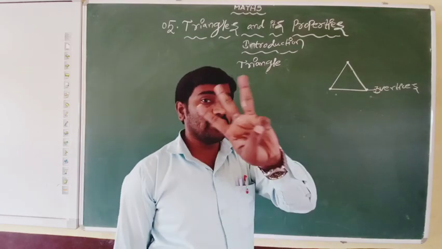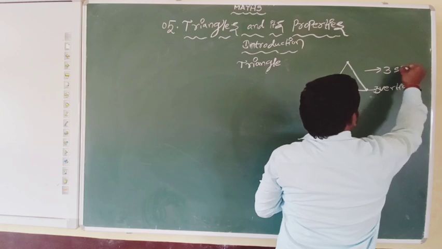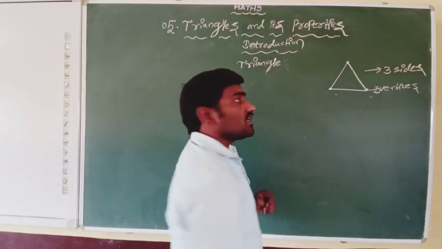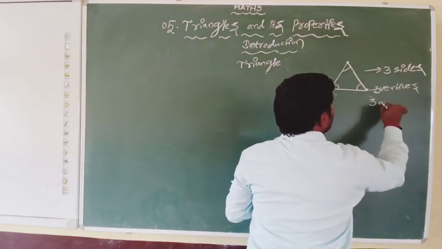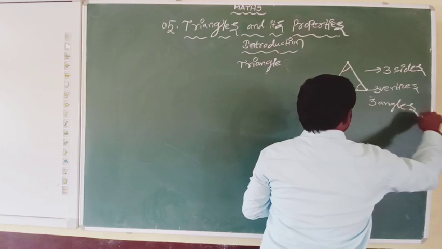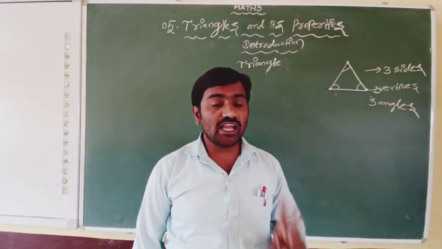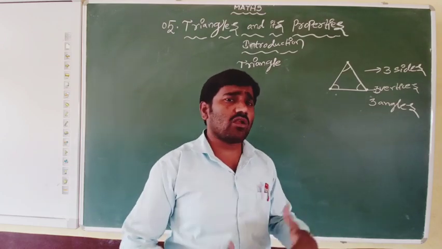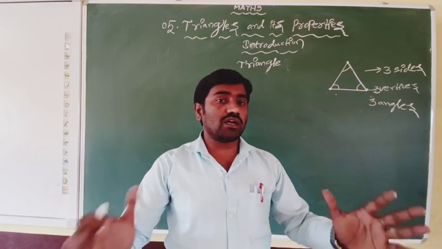A triangle will have three sides. In the same way, a triangle will have three angles also. A triangle has three sides, three angles and three vertices. Not only these properties, there are a lot of other properties in the triangle chapter. One by one we'll come to know them.